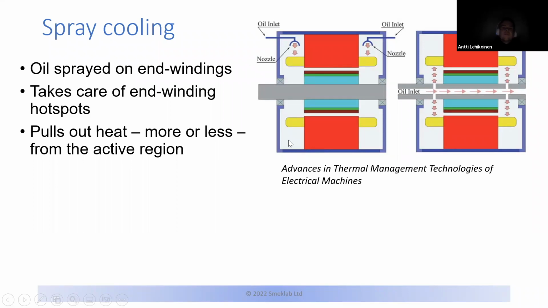They have a sump or something, then it's fed to a radiator, for instance, and recirculated back into the machine. What it does, it obviously takes out some heat from the end windings, usually lots of it, which is a good thing because the end windings are usually the hardest part to cool because they are normally in air. And the convection into air is not a very efficient means of cooling, but spraying these end windings basically solves the end winding cooling issue.